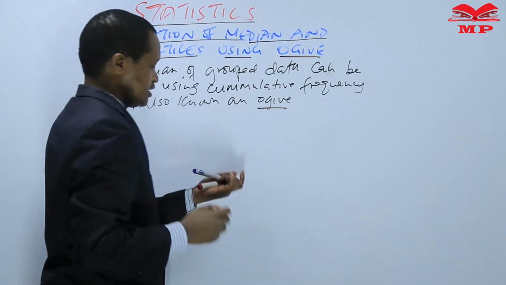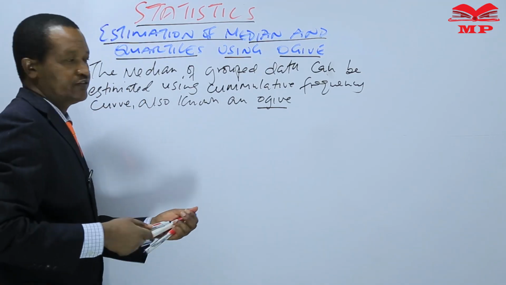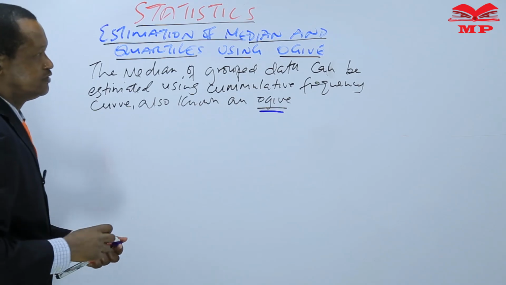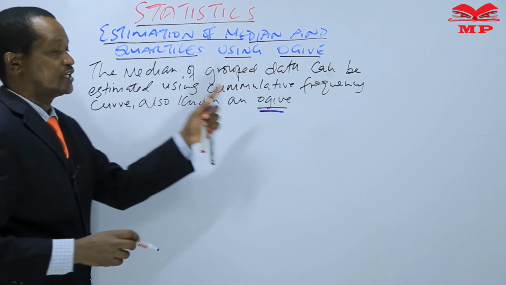So in other words, learners, an ogive is simply a cumulative frequency curve.